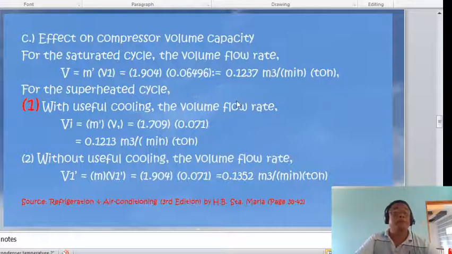For superheated with useful cooling, the volume flow rate is 1.709 multiplied by 0.071, so the value is 0.1213 cubic meter per minute per ton. But without useful cooling, the value is 1.904 multiplied by 0.071, which is 0.1352 cubic meter per minute per ton. Look now, class, at the difference.